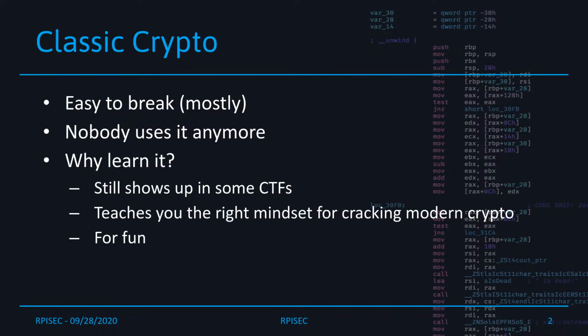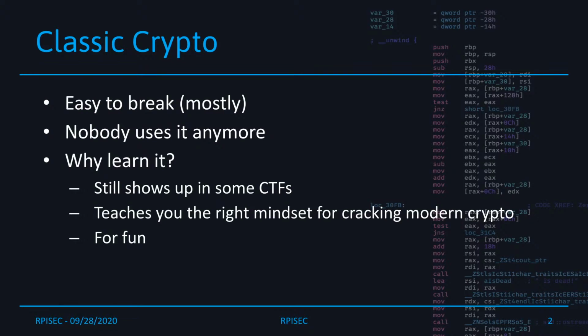The reason you don't see this type of stuff anymore is because it's really easy to break, mostly. Nobody uses it to actually protect their vital information. So what's the point in learning it?